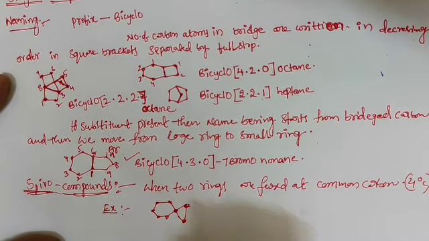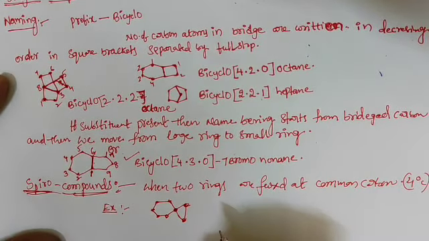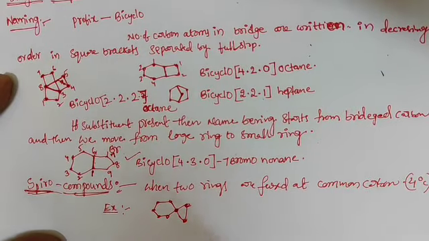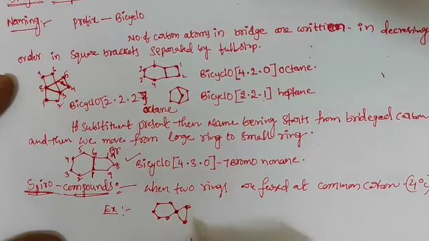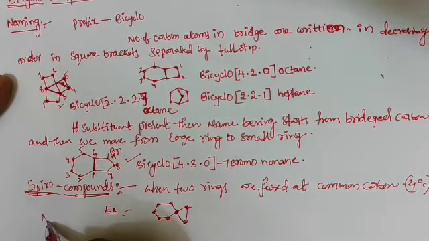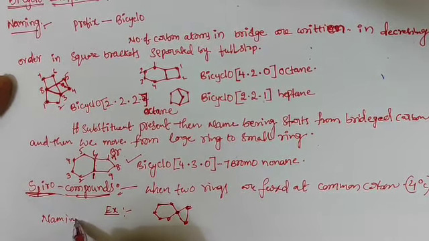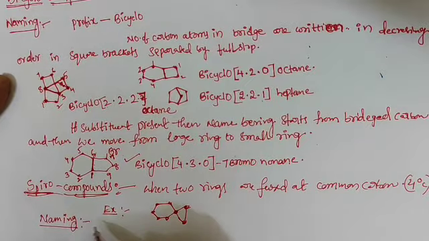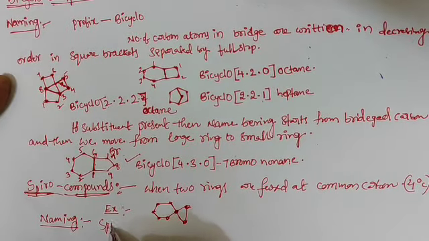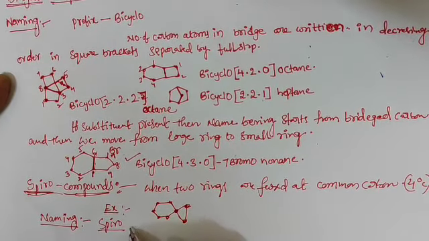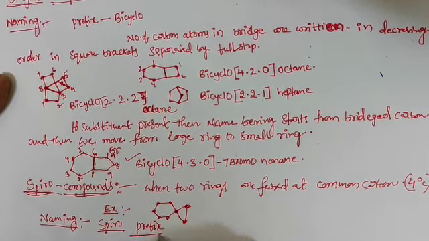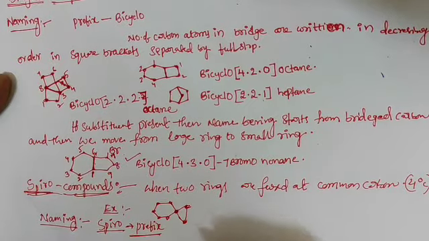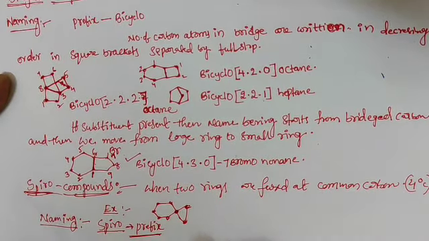So we will give name for this Spiro. Naming of this Spiro, how can you give? Spiro is prefix. There bicyclo, here also prefix is Spiro.